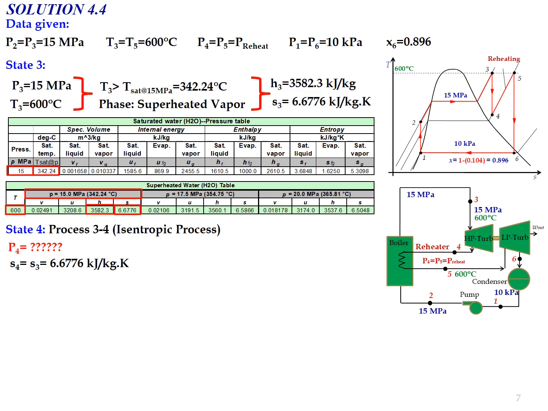To use the thermodynamic water table you need at least two pieces of information. We cannot determine the phase or the value of H4 at this moment, so we will find the state 4 values later on.